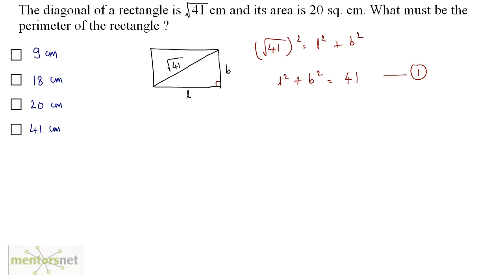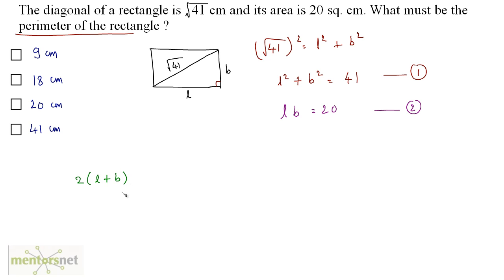That's equation 1. Now the area of this complete rectangle is 20 square centimeter. So length into breadth is equals to 20. This is equation 2. Now what do we want? We want the perimeter of the rectangle. Well, what is the perimeter of a rectangle? It is twice of L plus B, isn't it?